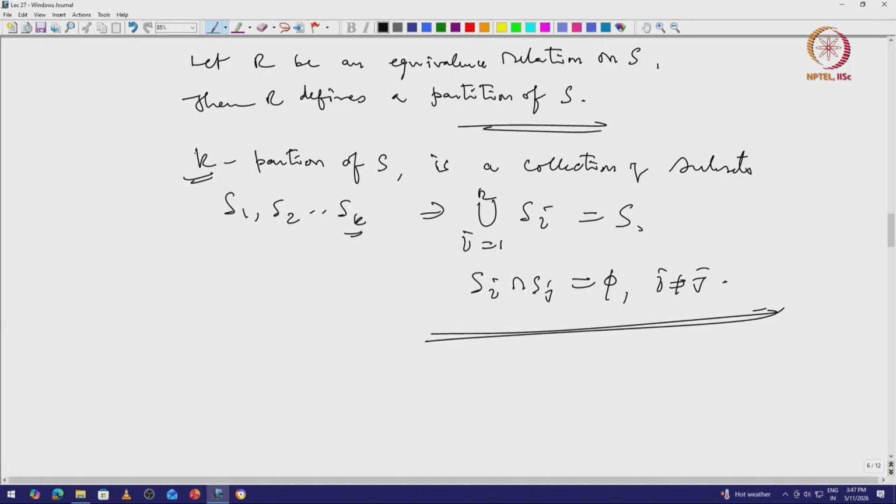That is a partition. A partition is a splitting of a set into disjoint parts. So S1, S2, ..., Sk are all disjoint parts because Si intersection Sj is empty. This is the definition of a partition.